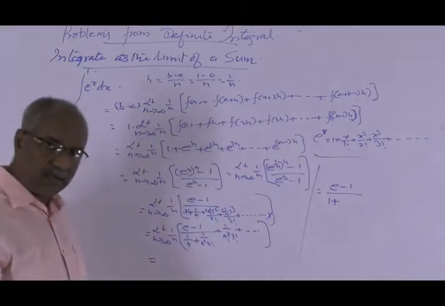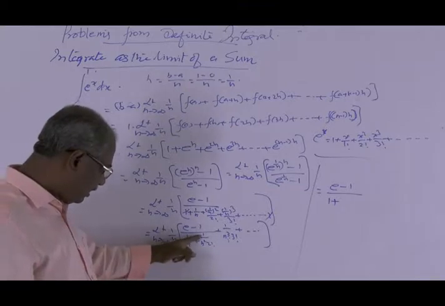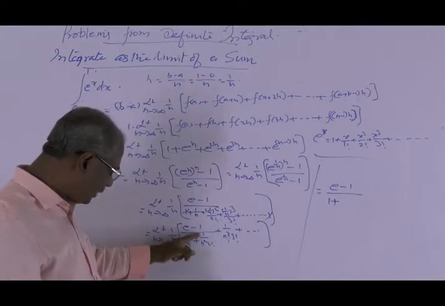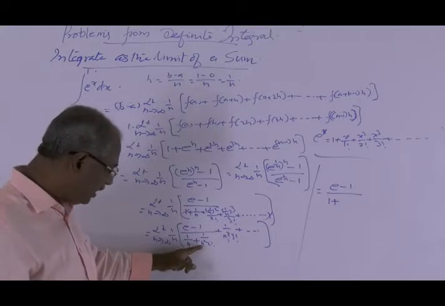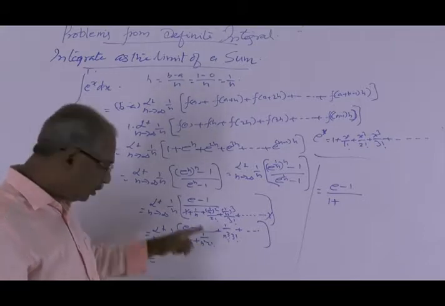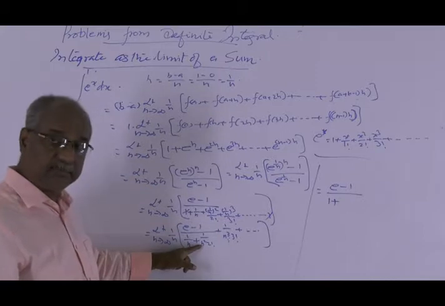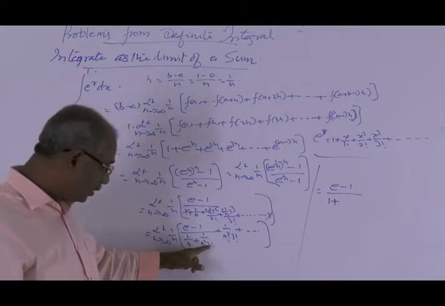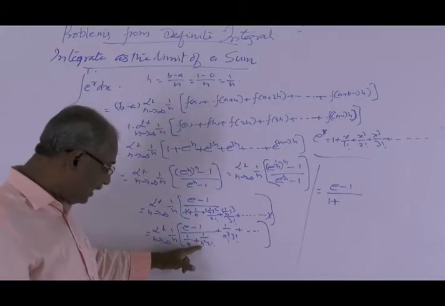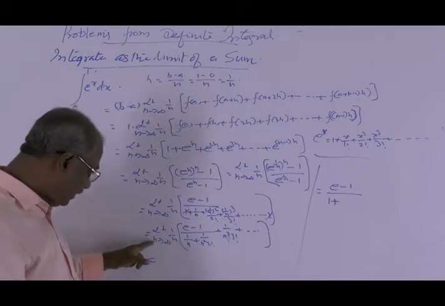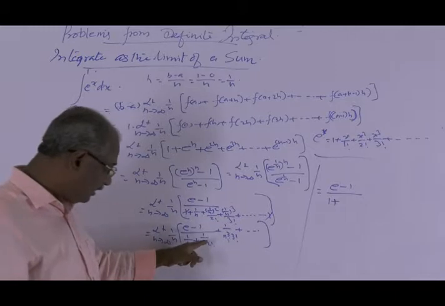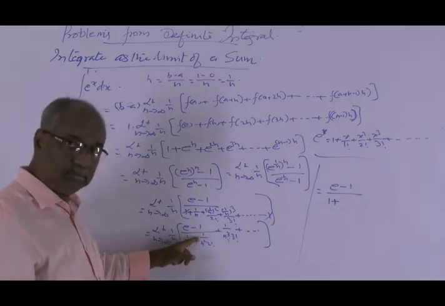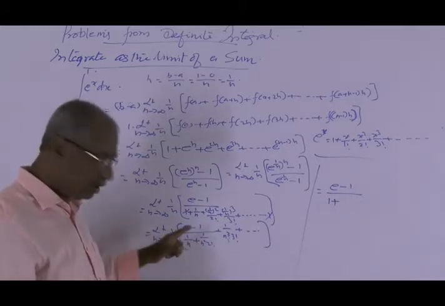plus, here an n comes in the numerator, so 1 n cancels with 1 n of the n squared. So there is an n in the denominator into 2 factorial. Since there is an n in the denominator, when we apply n tends to infinity, this term becomes 0.